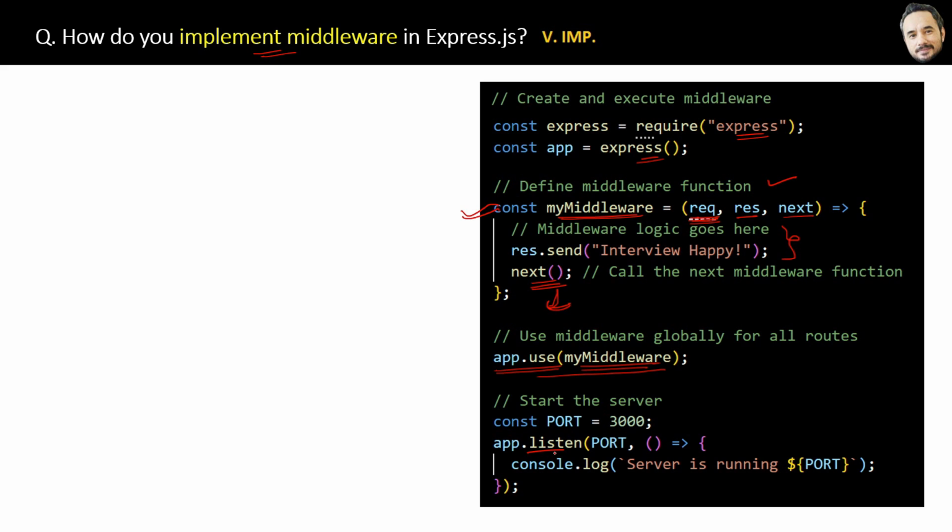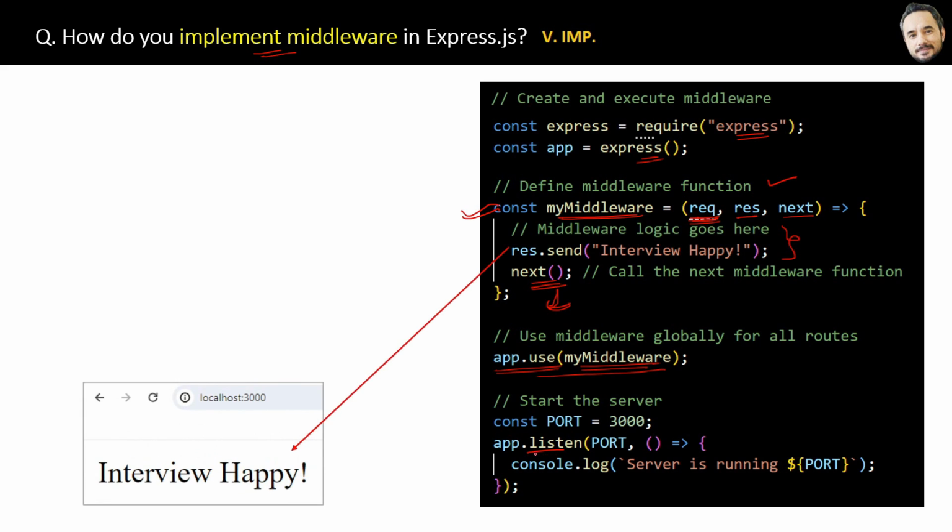That's it. Now if you open the browser with this URL, you will see the response, because when app.use is executed in the code, the middleware code will be executed, and from there response.send will send this as the response. Okay, clear?